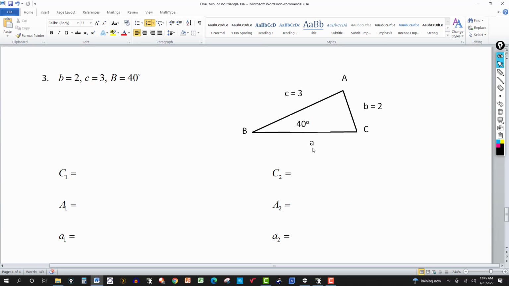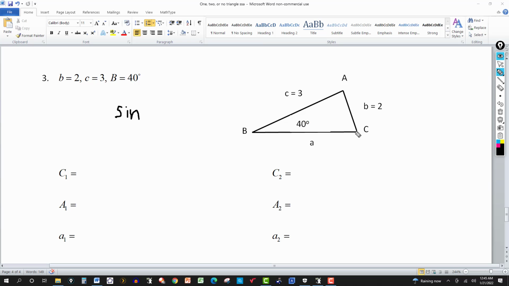So now what we'll do here is just assume that we're going to have one solution. And if we get a contradiction, like we did in problem 2, then it has no triangle possible. Or we could have 2. And you can see by the setup that I have here, we're going to have 2 triangles. So this is what we'll do. I'm going to try to find angle C first.